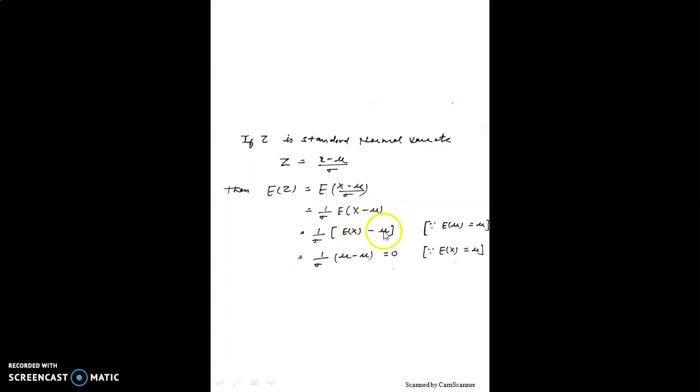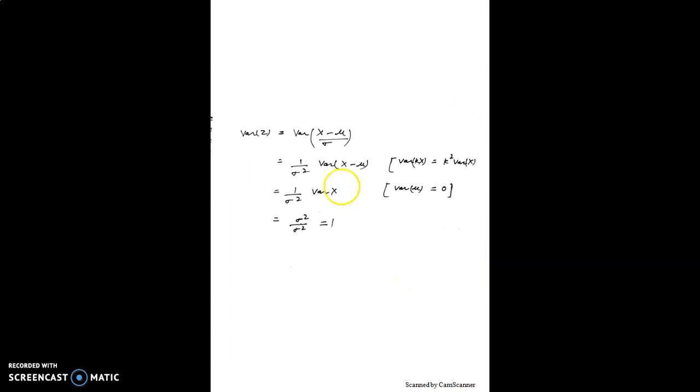E of mu is nothing but mu, and E of x is also mu, then this will become 0. So mean of the standard normal variate z is 0. For variance of (x minus mu) upon sigma, sigma square will come out. Variance of x minus mu, that is variance of x minus variance of mu, variance of constant is 0, that is variance of x is sigma square. Sigma square by sigma square is 1, so variance of standard normal variate is 1.